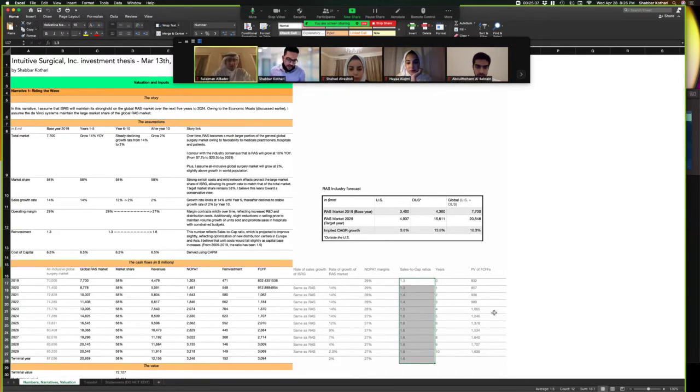So 1.3 for a couple of years and 1.4 for a couple, 1.5, 1.6. I just assume a slow growth of that. More efficiency, more ability to generate sales dollars for every reinvestment dollar.